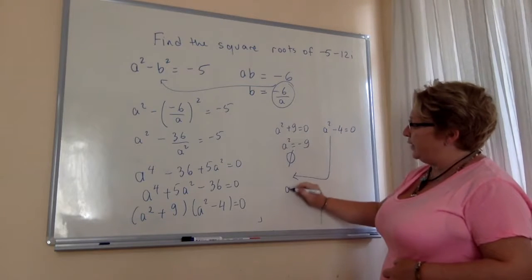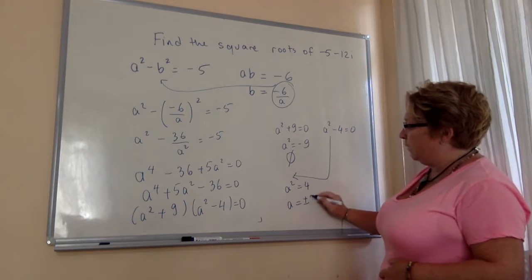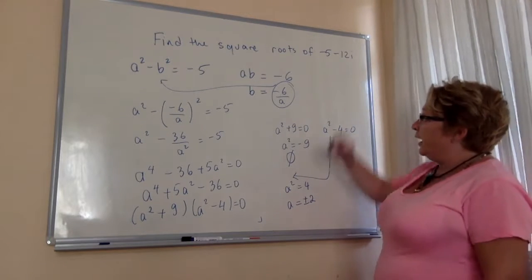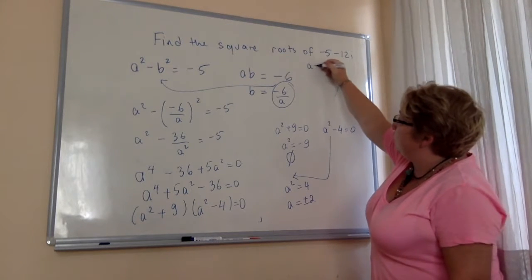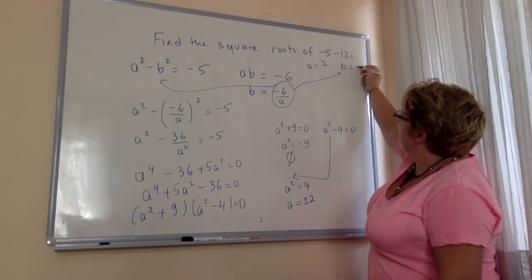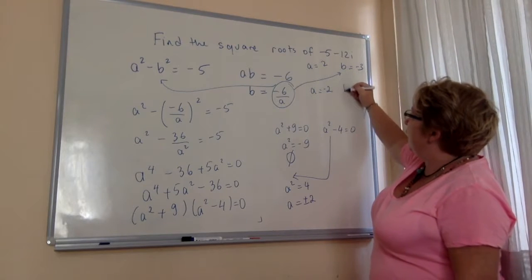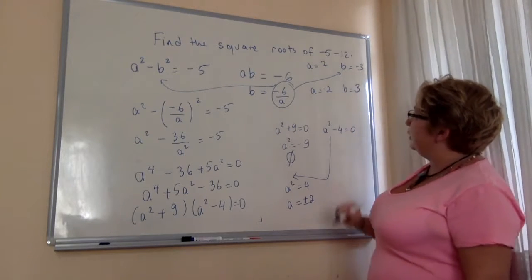Then I'll have a squared equal to 4 here, with a equal to plus or minus 2. And when I plug in a equals 2 here, I'll get b as minus 3. When I plug in a equals negative 2 here, I'll get b equal to 3.